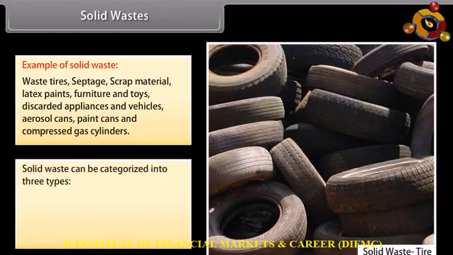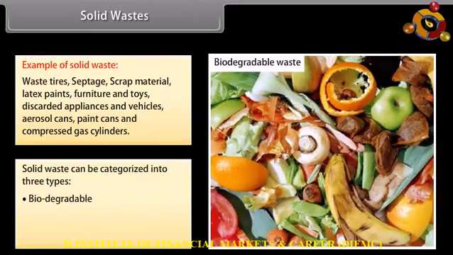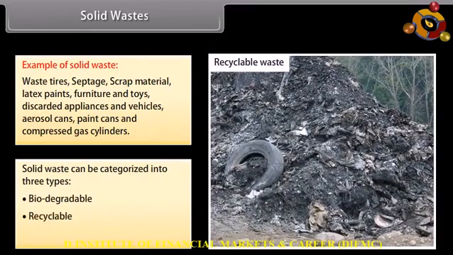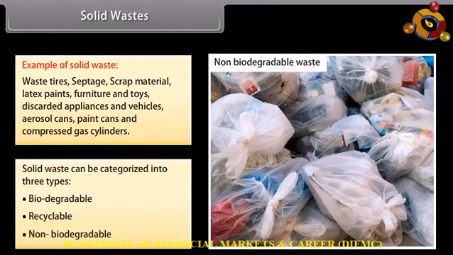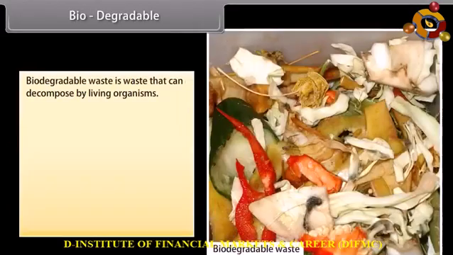Solid waste can be categorized into three types: biodegradable, recyclable, and non-biodegradable. Biodegradable. Biodegradable waste is waste that can be decomposed by living organisms.